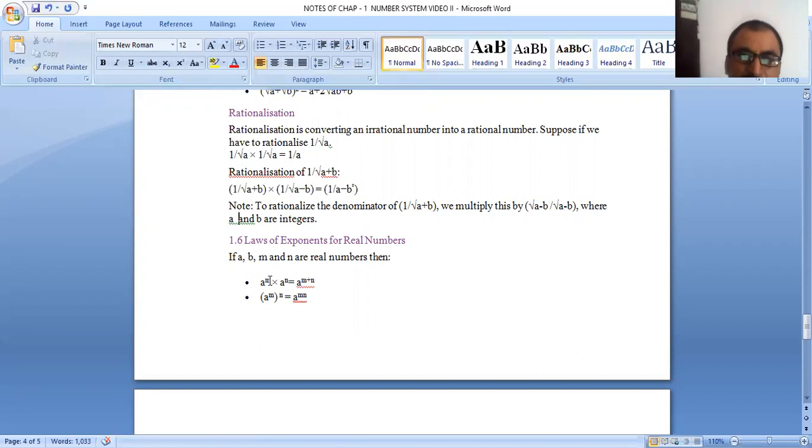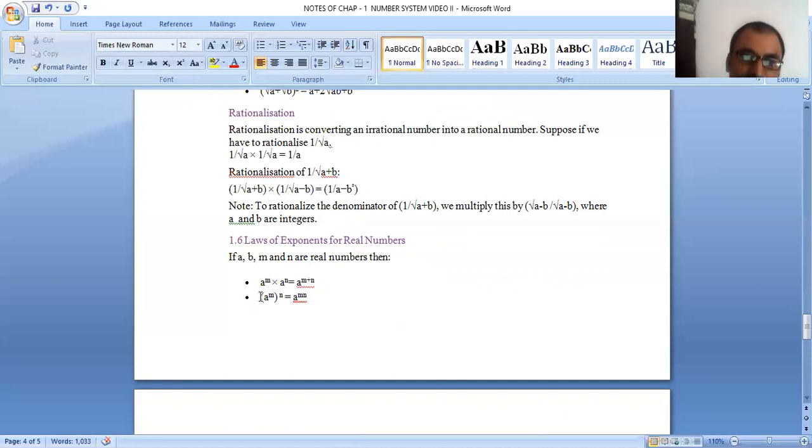A to the power m into a to the power n, where a is base and m and n are exponents or powers. So in multiplication, when the base is same, we have to add the exponents.